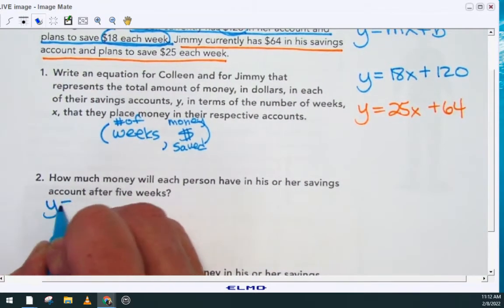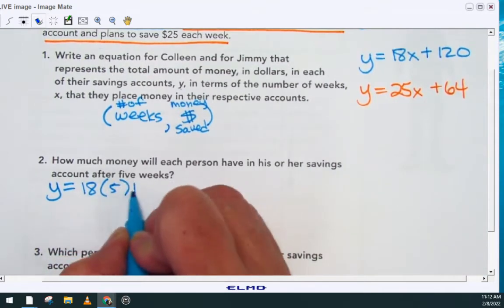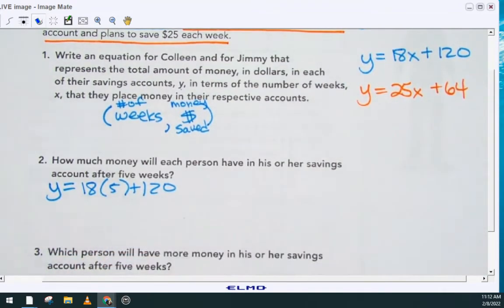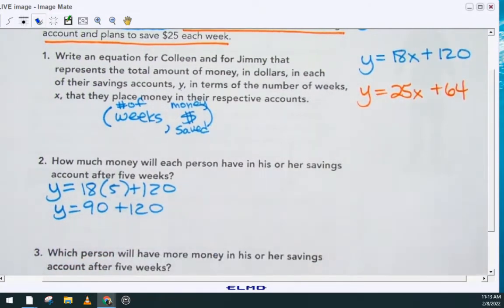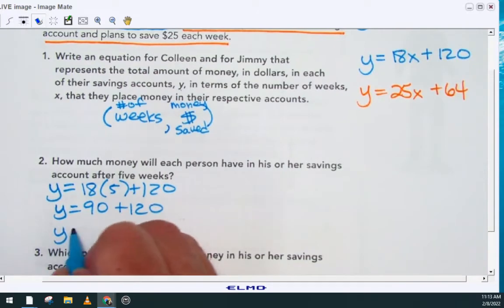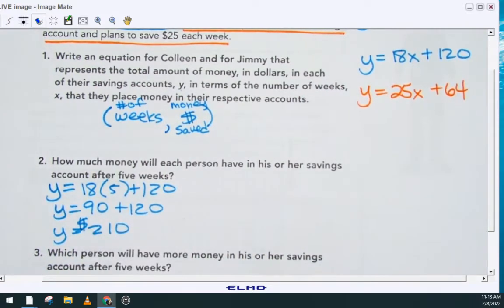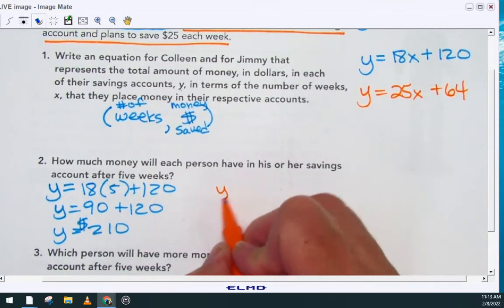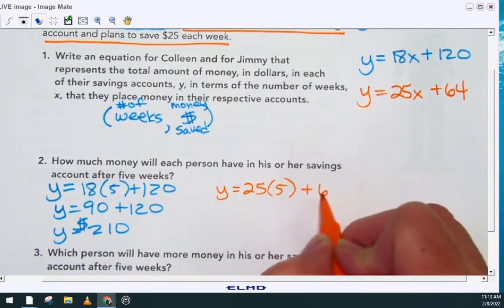So let's do it for Colleen first. So we have 18 times 5 plus 120. Okay, and so if I have 18 and I multiply it by 5, I'm going to get 90 plus 120. And that's going to get me to 210. So $210 is how much she would have. Then for Jimmy, I'm going to replace his X with 5 also.